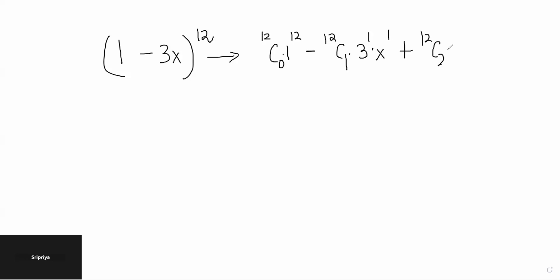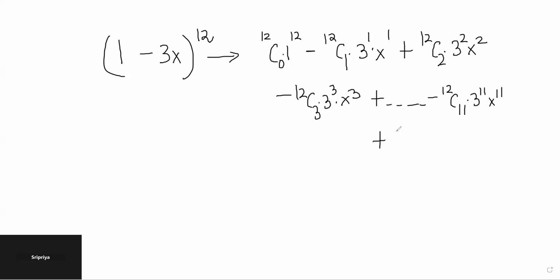Plus 12c2 3 square x square minus 12c3 3 cube x cube and so on, till you get minus 12c11 3 power 11 x power 11 and then plus 12c12 3 power 12 x power 12. These are all the terms of the sequence. We probably won't need all of them, we need only some of them, right? So basically, there are 13 terms here.